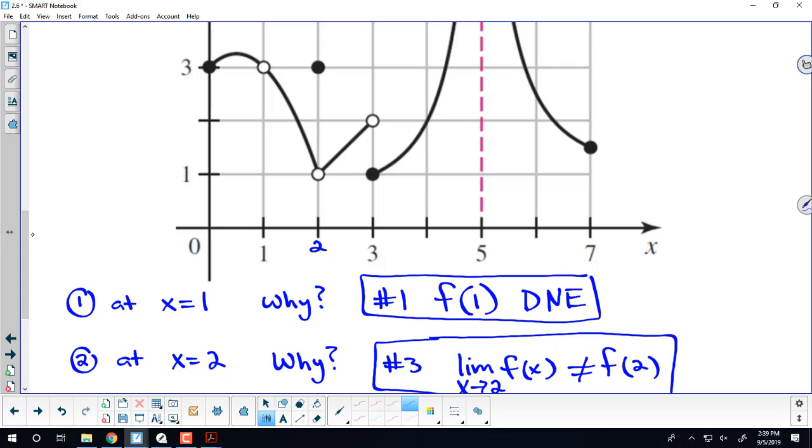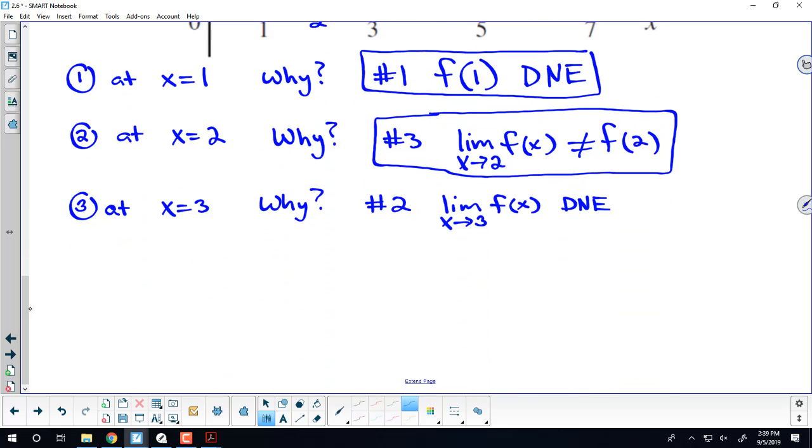Yeah, but the values are not equal. So the limit from the right does not equal the limit from the left. Anywhere else?